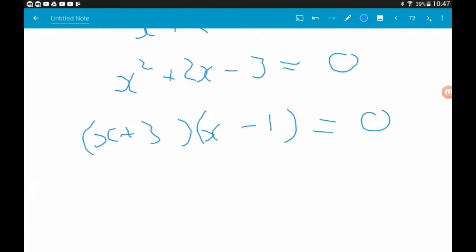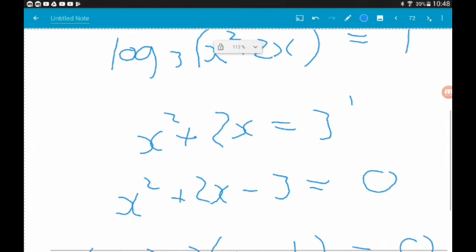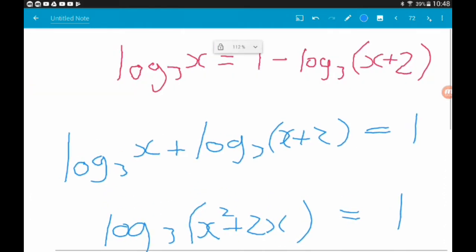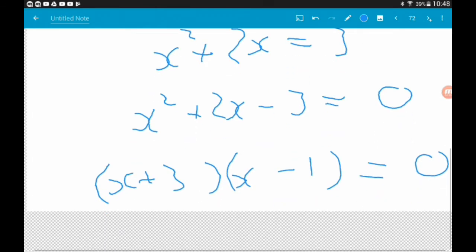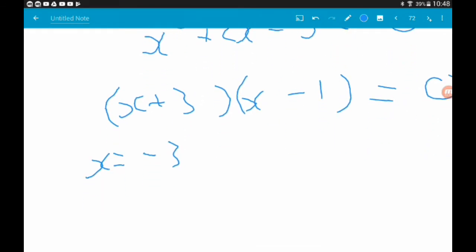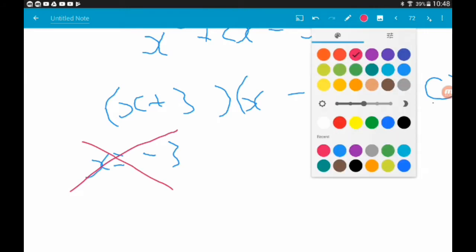So even though the bracket on the left would give us x equals minus 3, remember in the original question we had log base 3 of x. So that would be log base 3 of minus 3. Now that can't exist.